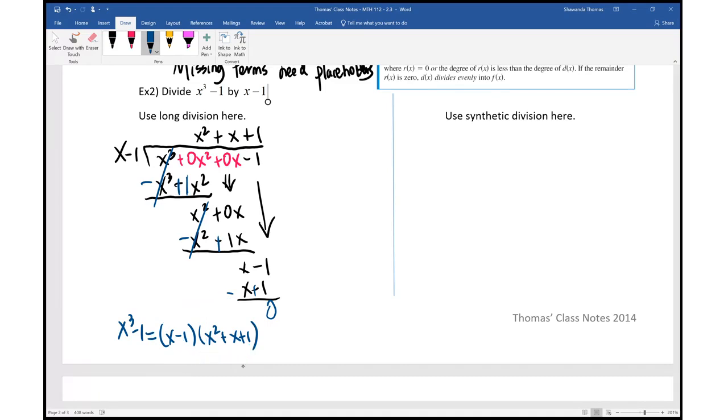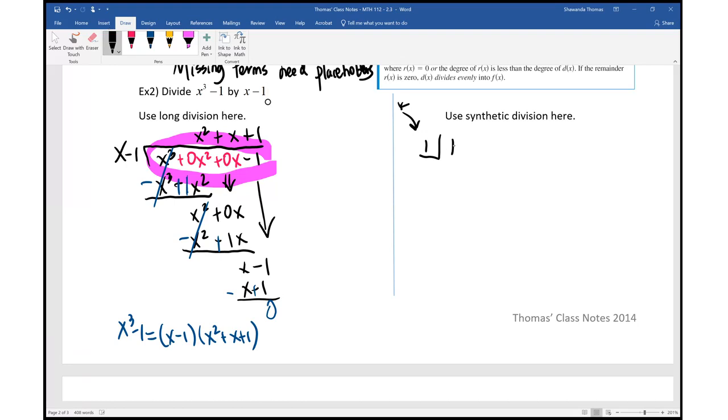Now, let's try synthetic division. So if we try synthetic division again, we are going to put k in this box. And what is k? It's opposite of what you see here. So that's positive 1. And then we're going to use our coefficients and our constants in here. What are our coefficients and constants?